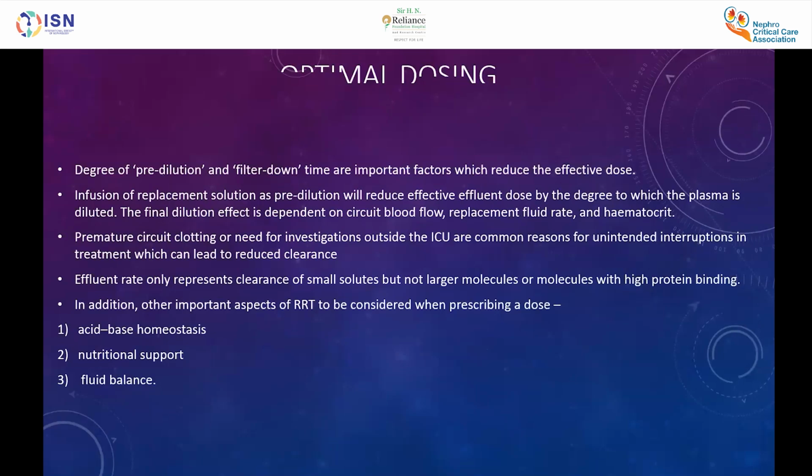The infusion of replacement solution as pre-dilution will reduce the effective effluent dose by the degree to which the plasma is diluted. So the final dilution effect is dependent on the circuit blood flow, replacement fluid rate, and the hematocrit. Premature circuit clotting or the need for investigations outside the ICU are common reasons for unintended interruptions in the treatment, which can lead to reduced clearance.